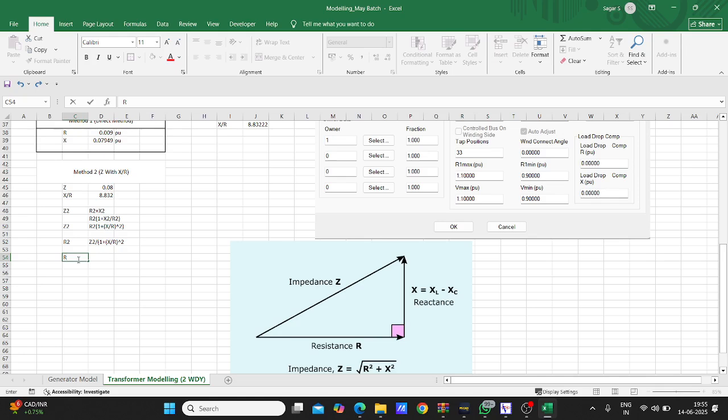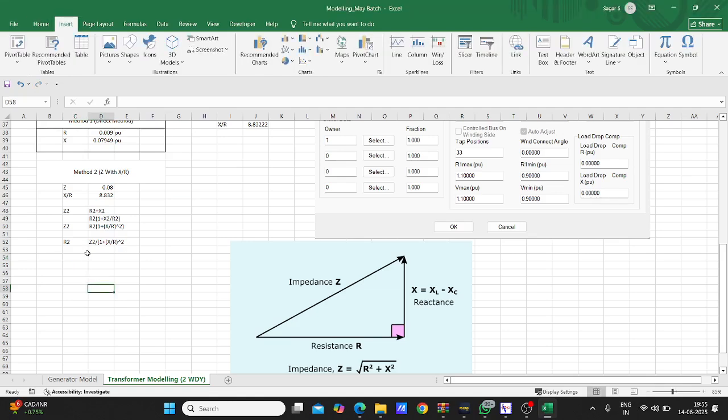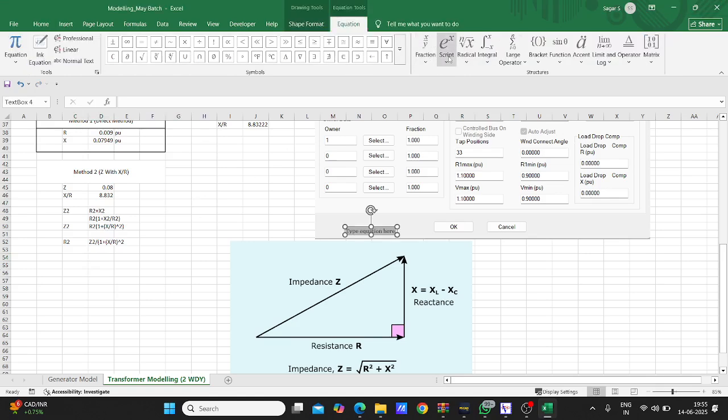Then R is equal to, I can put it in an equation.